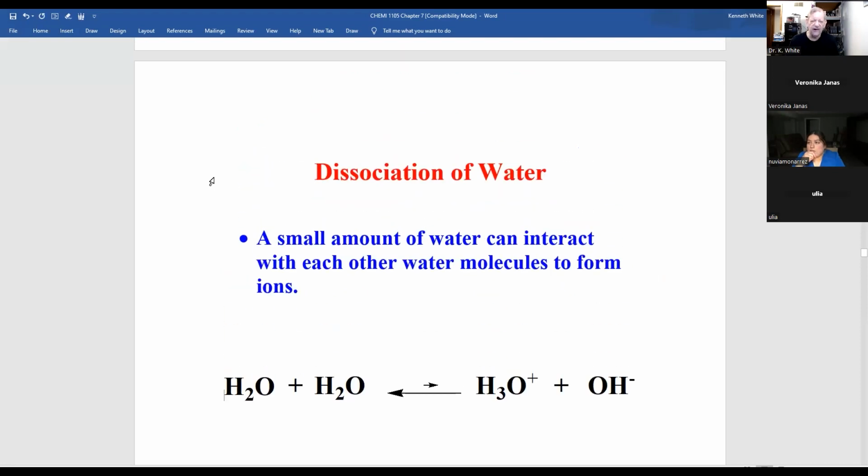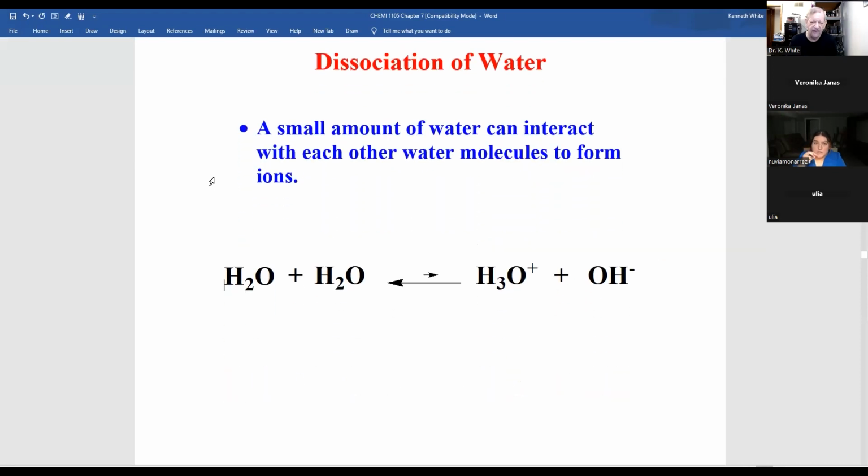You should be aware of the association of water. It's important, not only for my class, but other classes. Water can react with itself. When it does, one molecule is an acid, the other a base, and you have a proton transfer to form the hydronium ion and the hydroxide ion.